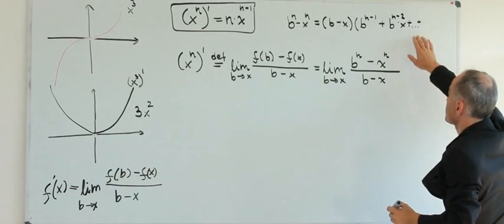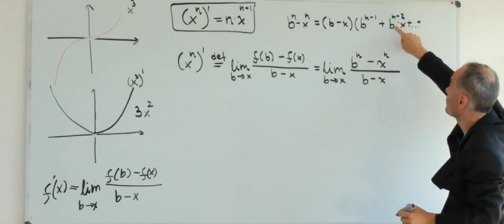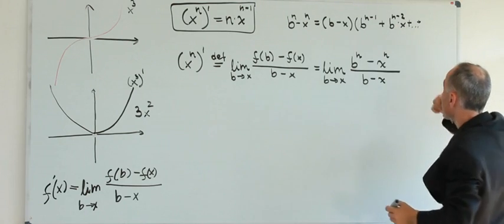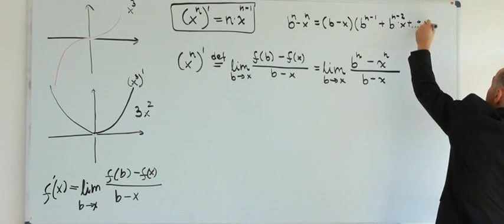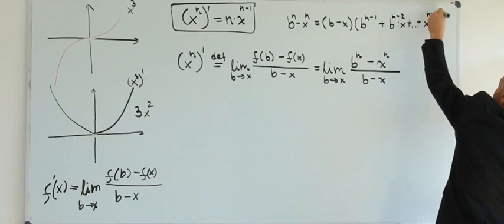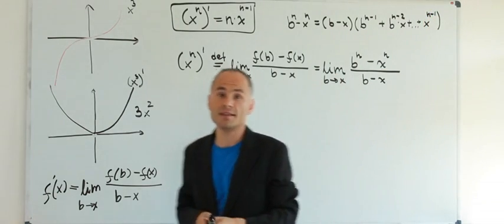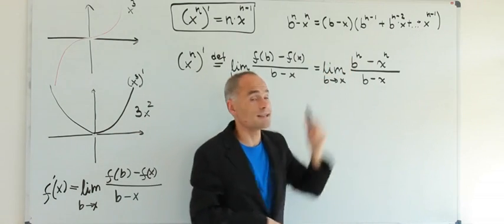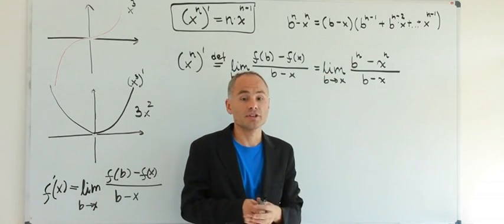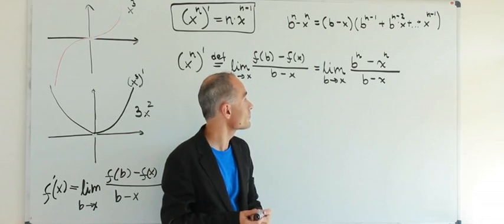These terms have the following pattern: you decrease the power of b by 1 and you increase the power of x by 1. So the last term is x to the power n minus 1. And if you don't remember this formula, you can convince yourself that it is correct by multiplying out the right-hand side, and you will see that all the terms cancel except for these two.